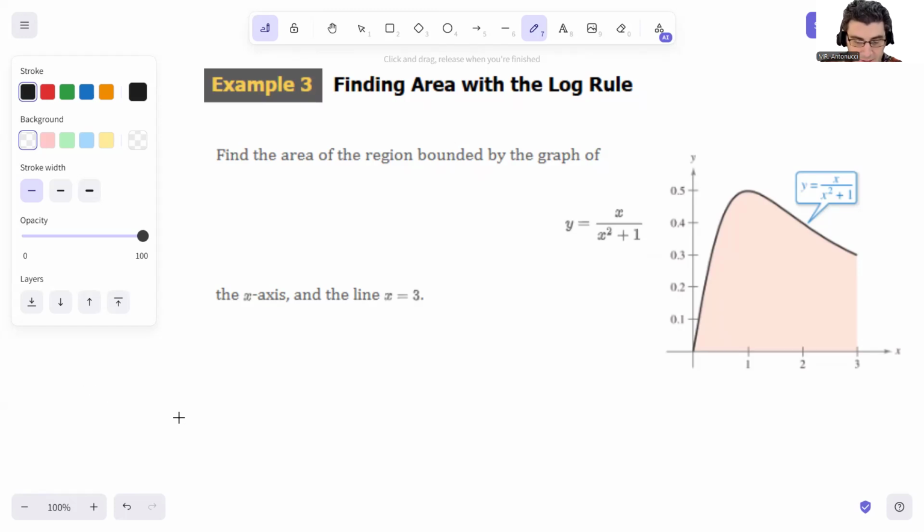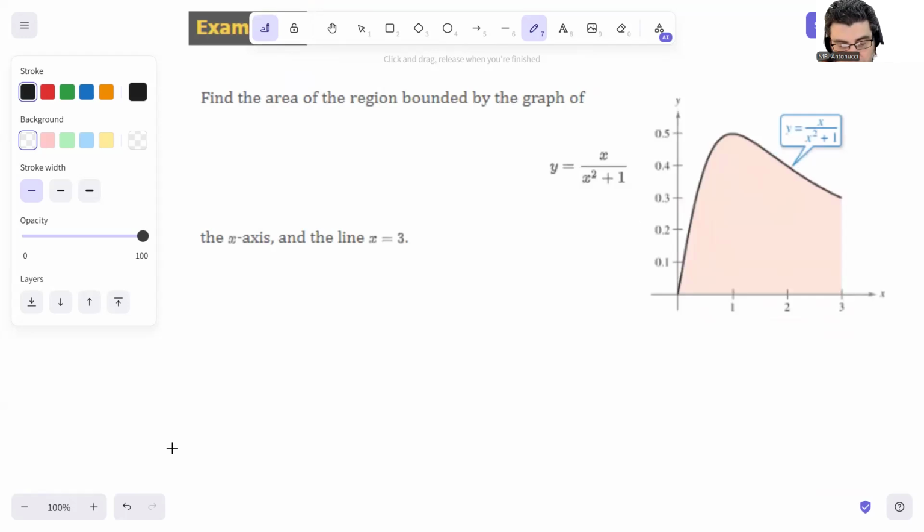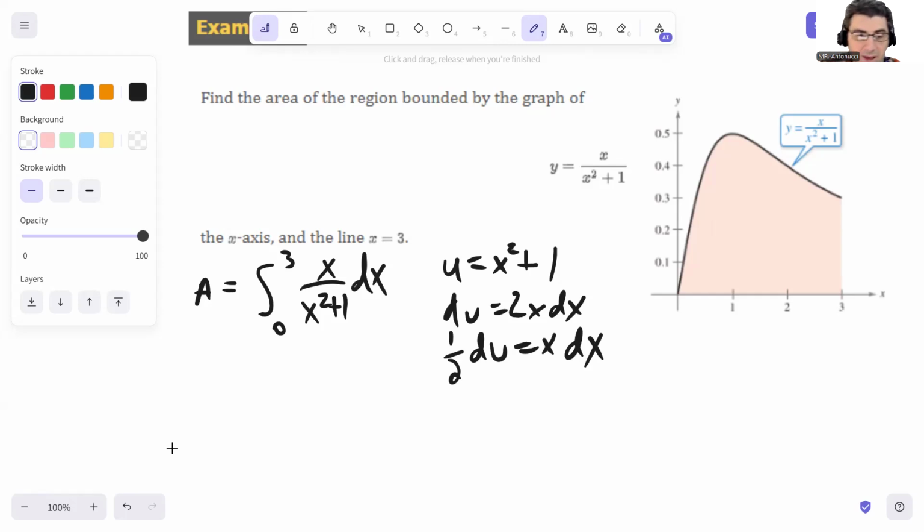So to set this up, we can write the definite integral that represents the area of the region. So that's the integral from 0 to 3 of x over x squared plus 1 dx. In this case, if you let u equal x squared plus 1, then du is equal to 2x dx. And adjusting for the 2, we have 1/2 du equals x dx.